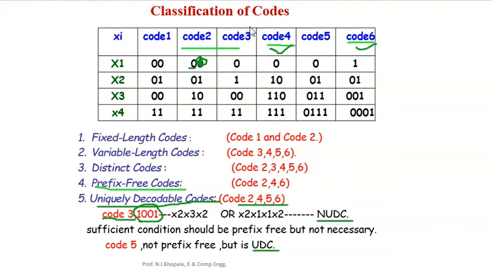If you handle this particular column for code 3, you will find that 1 means x2, 00 means x3, and again 1 means x2. So it is x2, x3, x2.